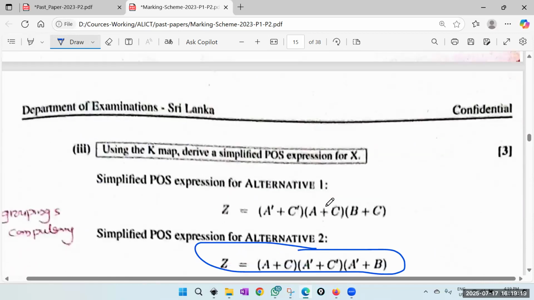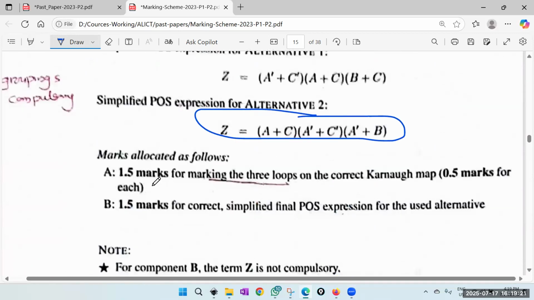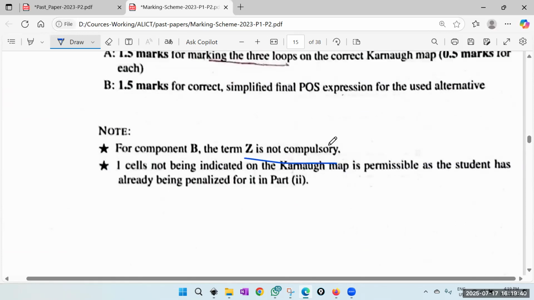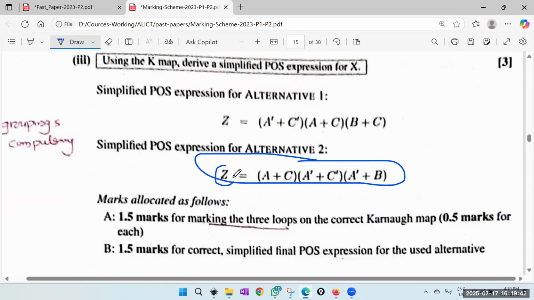Groupings must be shown. 1.5 marks for the 3 loops, that is marking in the truth table, you get 1.5. Then other 0.5 mark is for writing the statement. For component B, the term Z equal is not compulsory. Okay, it says if you don't specify this as Z equal, still give marks.